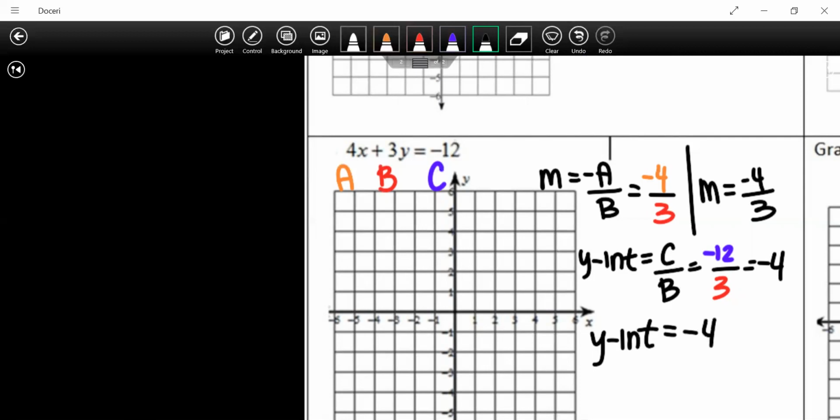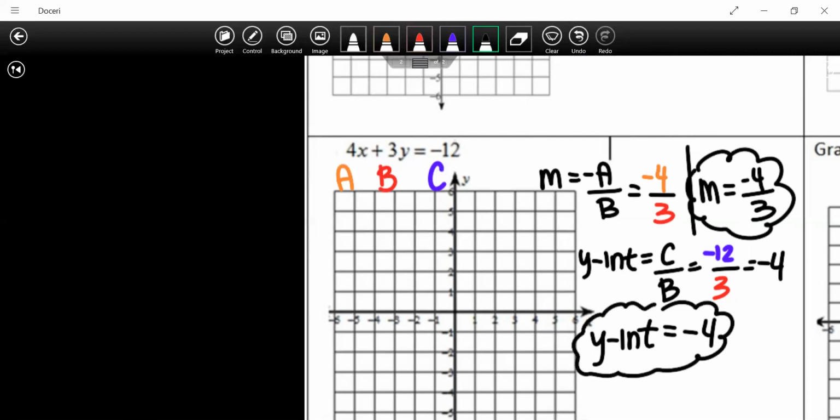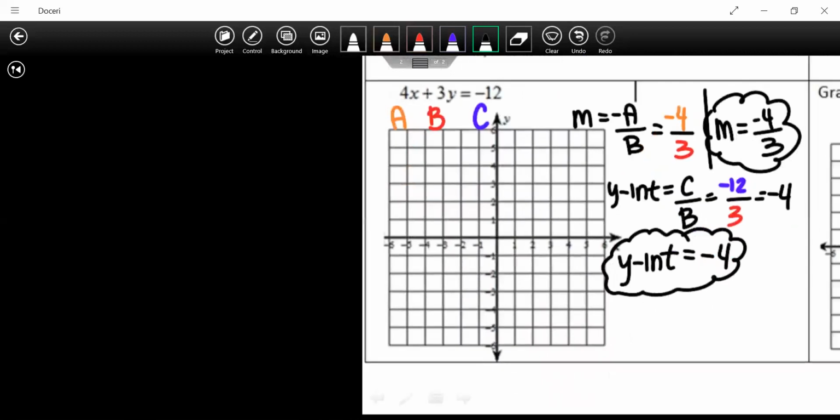So we have our slope. We have our intercept. Graphing this one, I'm going to go down 4. Now, how would we graph that with the slope? It's going to go off my paper. Is there another way we can do it? Backwards, right?